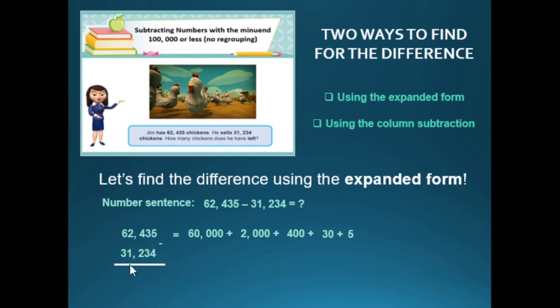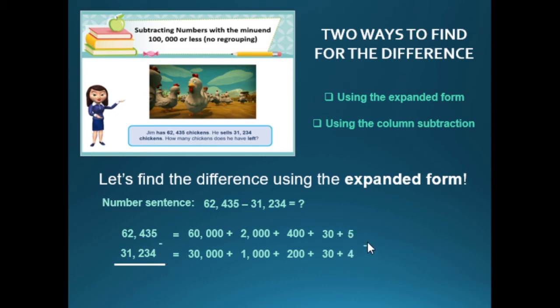Now 31,234 becomes 30,000 plus 1,000 plus 200 plus 30 plus 4.